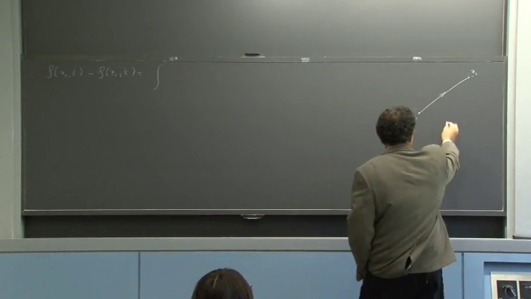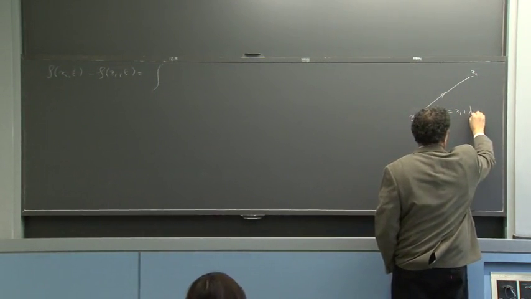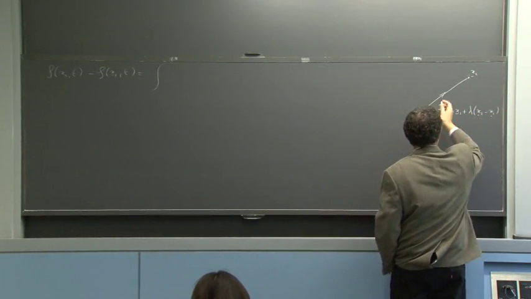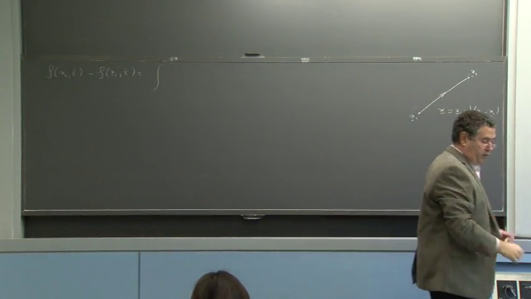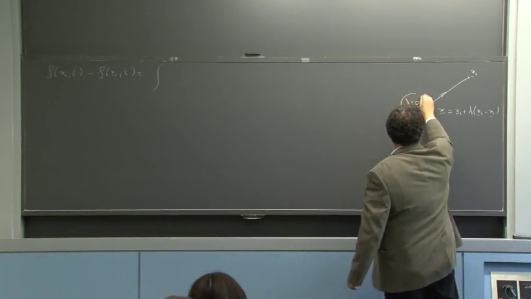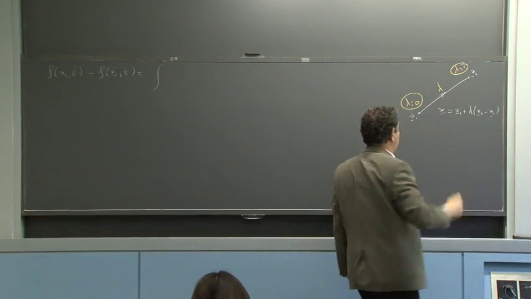This line segment can be written in the form x1 plus lambda times x2 minus x1, where lambda varies between 0 here and 1 here.